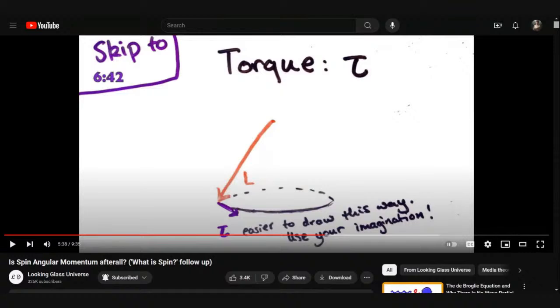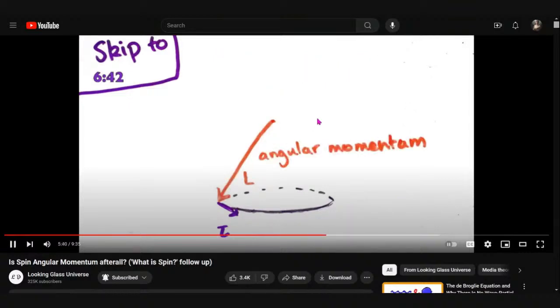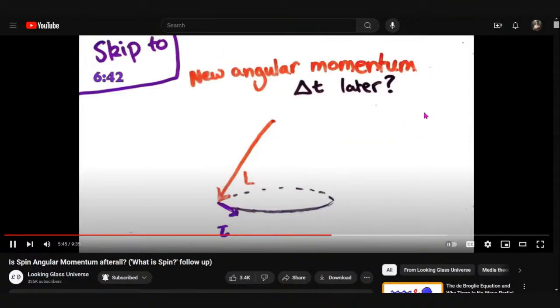It's supposed to be a cross product, the way it's set up. So if the torque goes up, I don't know. I haven't done mechanics in many years. L is currently in this direction, and we want to know which way it will be pointing a very short time later, delta t. So we use this equation from classical mechanics. The new angular momentum equals the old one plus the torque times delta t.